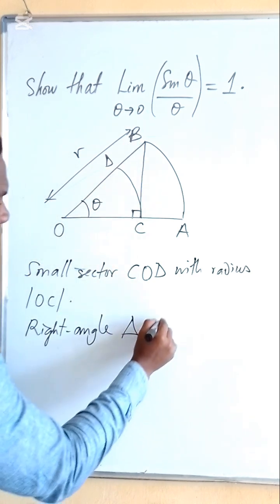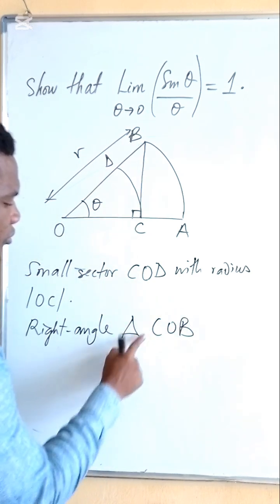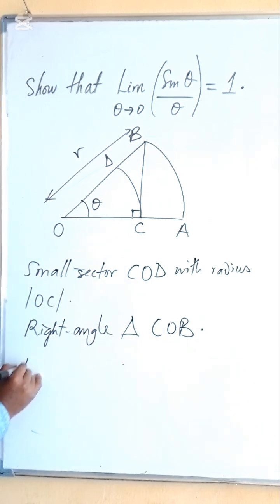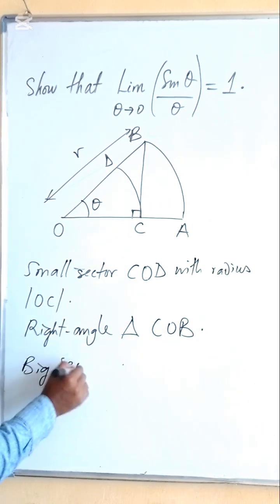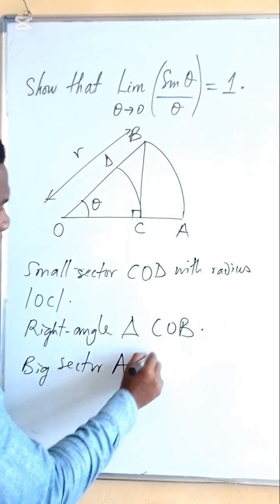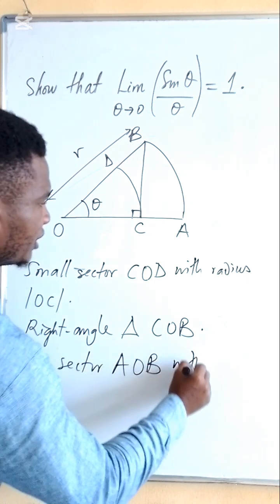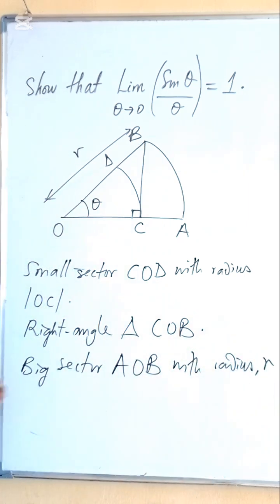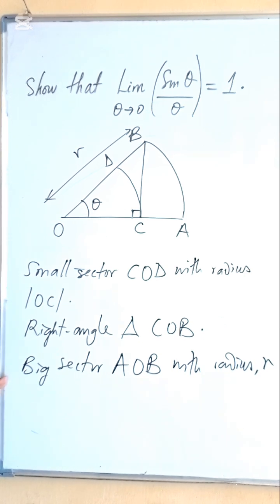We have right angle triangle COB. We have big sector AOB with radius R. So from this diagram we now have the following, and based on this we are going to do the next thing I want to show you.